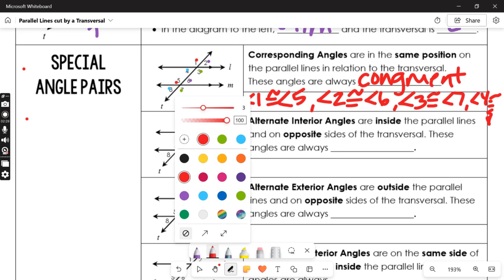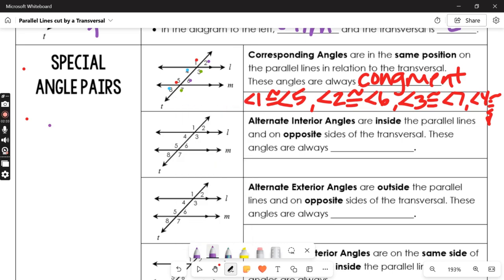All right, the next one we have is what's called alternate interior angles. These are on the inside of the parallel lines, so that means they're between the parallel lines, and they're on opposite sides of the transversal. These angles are always congruent. So this would be angle 4 with angle 6. They're kind of crisscross from each other.